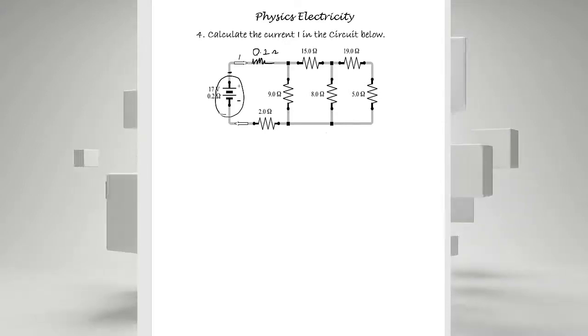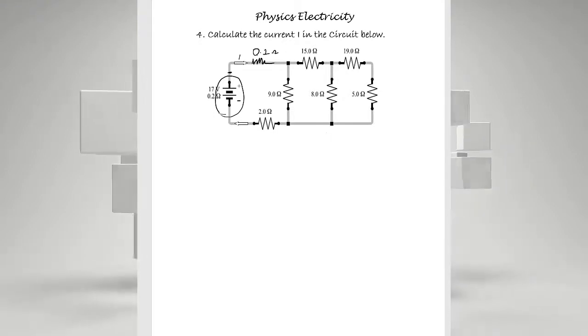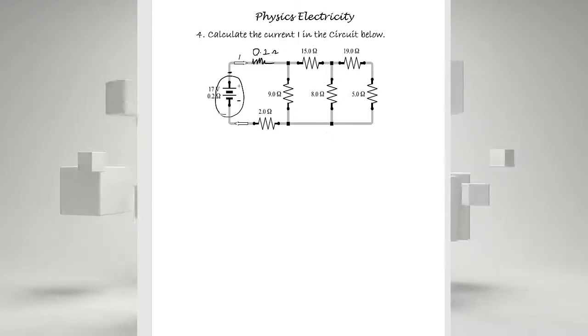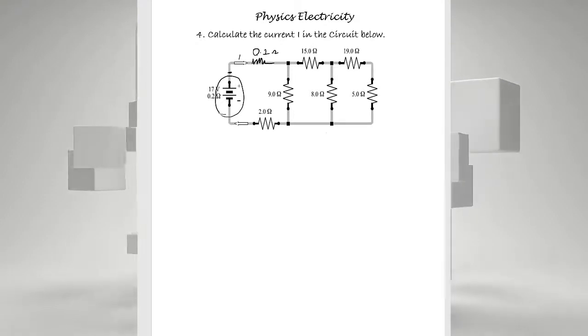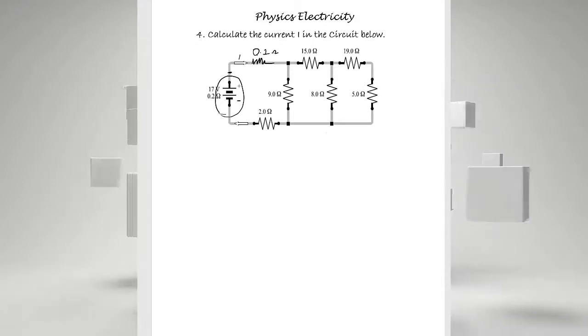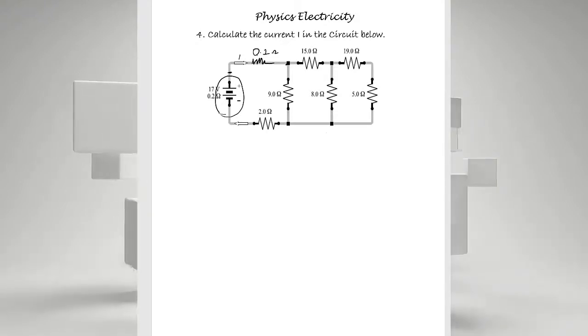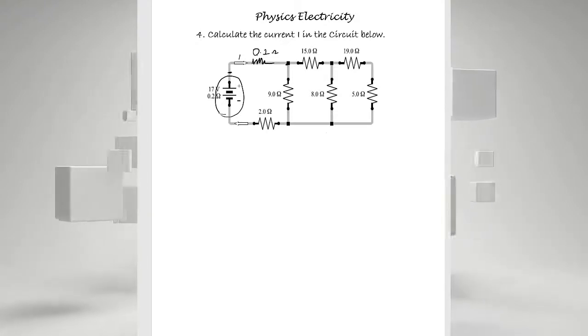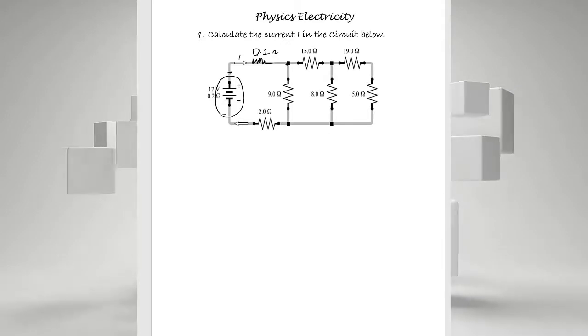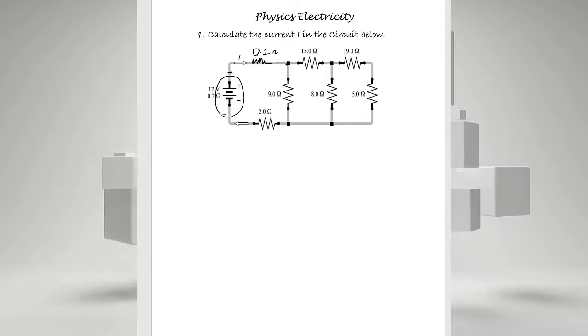So that 0.2 ohms is in series to the rest of the circuit. I would look for a way to write down a formula that depicts the total connection that we are seeing here. Then we'll resolve it together from there. So we have that 0.2 ohms is in series with the rest of the circuit.